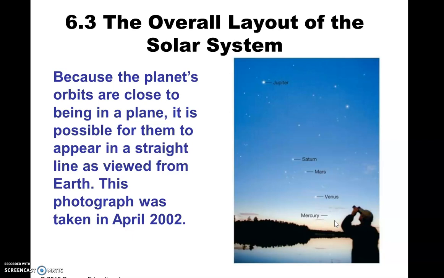It's really hard to see Mercury because it's so close. It's obviously the closest planet to the Sun, so you don't see Mercury very far from the setting Sun or from the rising Sun. So if this was sunrise, the Sun would be really close to the horizon, or at sunset, the Sun would be relatively close to the horizon. And so that makes the viewing of Mercury particularly difficult.